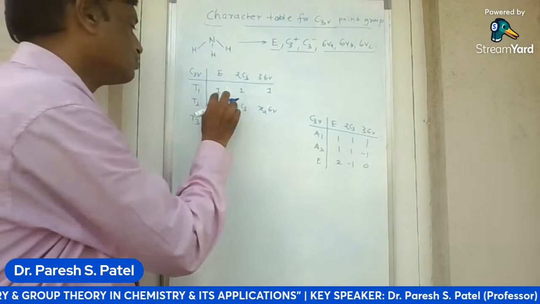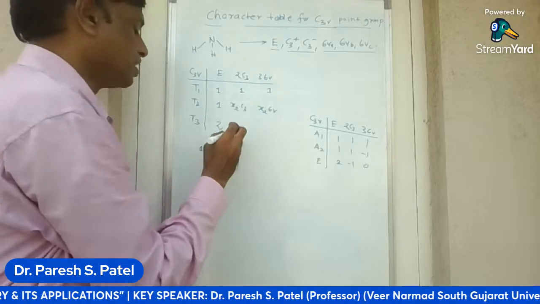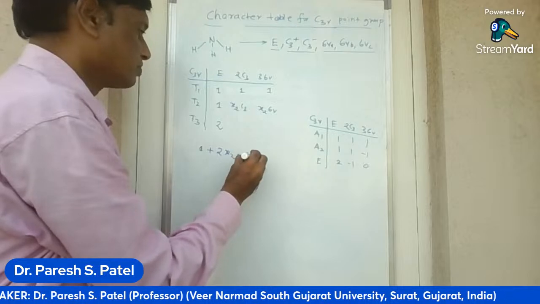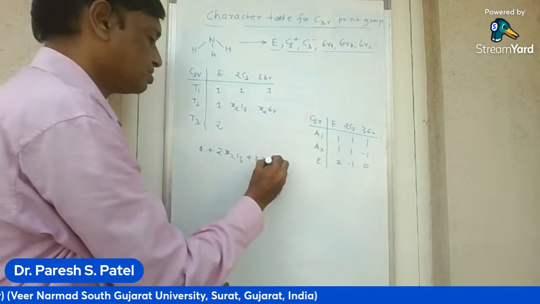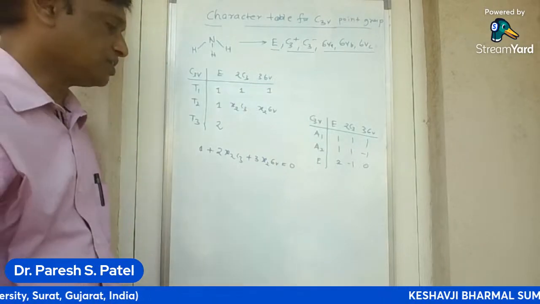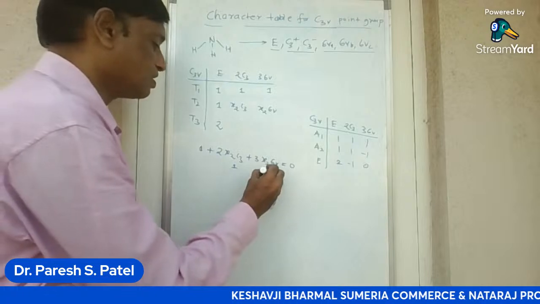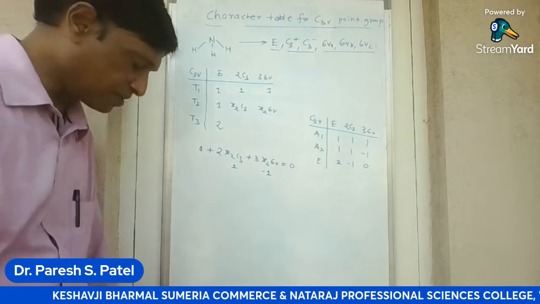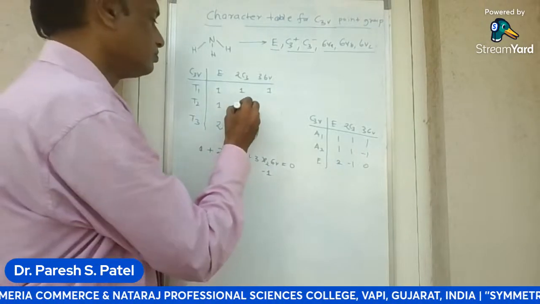Means 1 into 1 into 1 is equal to 1, plus 2 into 1 into character 2C3, plus 3 into 1 into character 2 sigma V is equal to 0. Now this equation can be satisfied if the value for character 2C3 is equal to plus 1 and character 2 sigma V is minus 1.